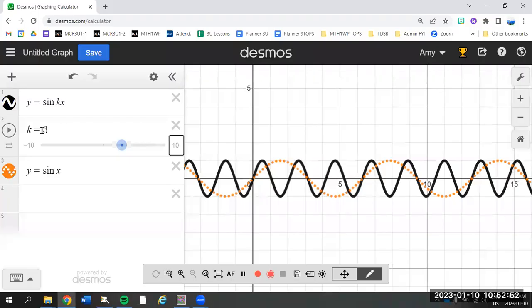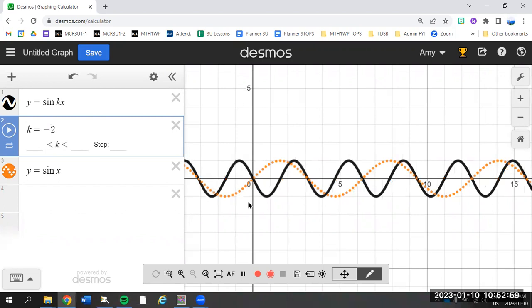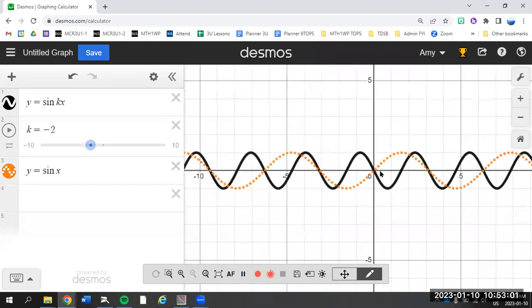So let's make k -2. So let's go back to 2. So we know what this looks like. Let's make k -2. All we've done is caused a reflection in the y-axis. So now this is going down and up, because this here, this is actually my first quadrant, third quadrant, first quadrant, third quadrant. So you can see here, again, this is 1 cycle, but what occurred in 1 cycle is now 2 cycles, and my period is 180 degrees.